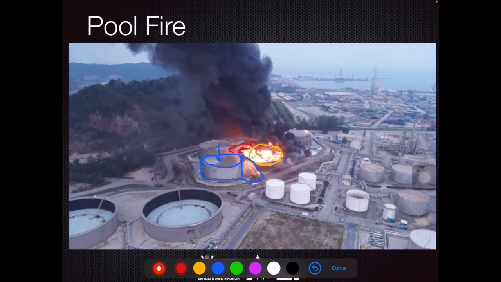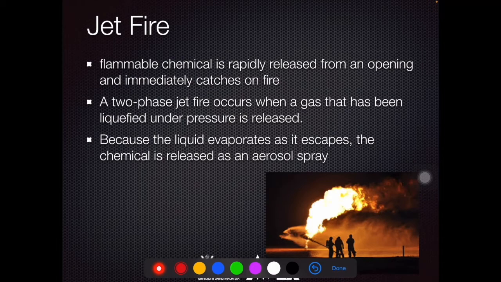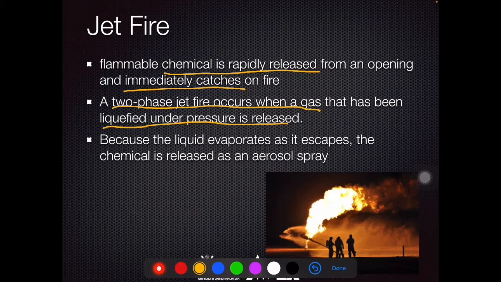Jet fire. A jet fire is when a flammable chemical is rapidly released from an opening and immediately catches fire. A two-phase jet fire occurs when a gas that has been liquefied under pressure is released.